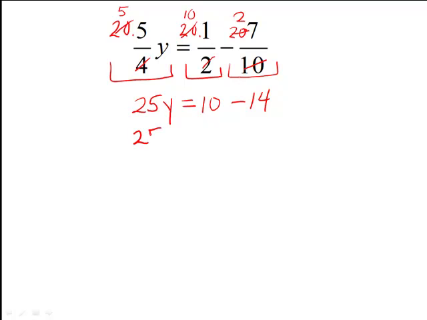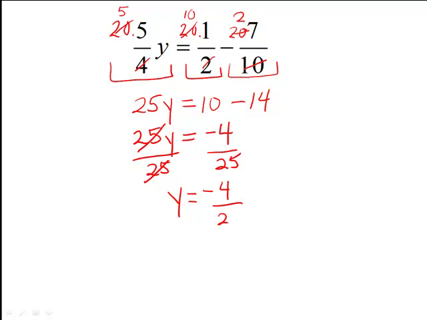Next, we will need to clean up on the right-hand side. 10 minus 14 will give us a negative 4. And then to solve, we're going to have to divide out the 25. This time we are going to get a fraction for an answer. It's okay to get a fraction for an answer. We just didn't want to keep fractions while we were working.